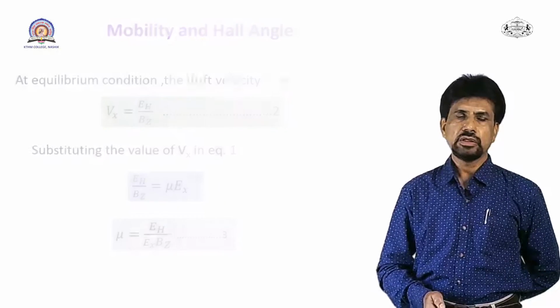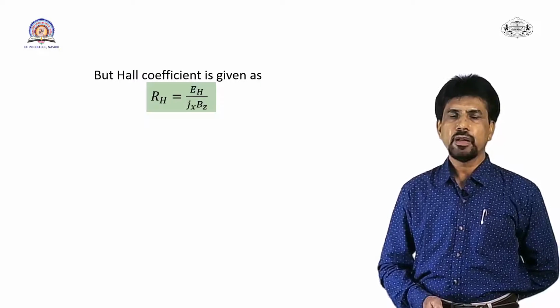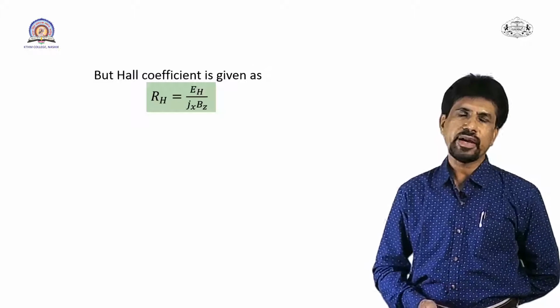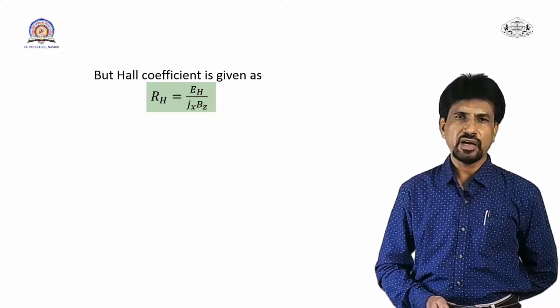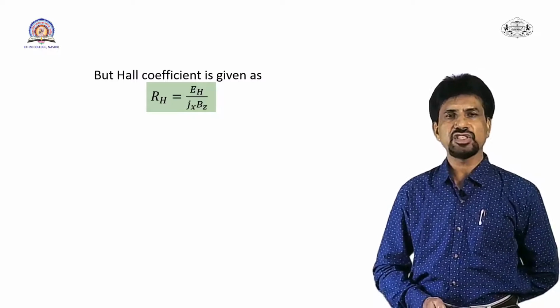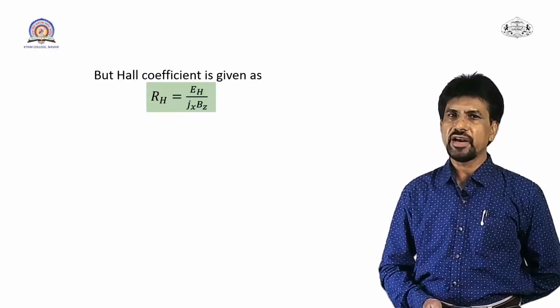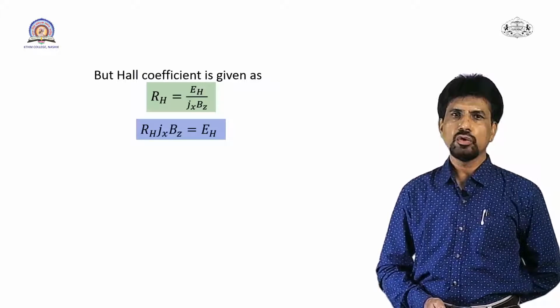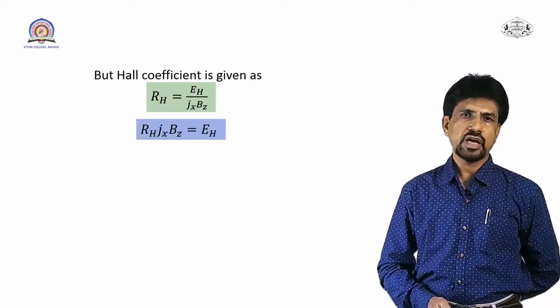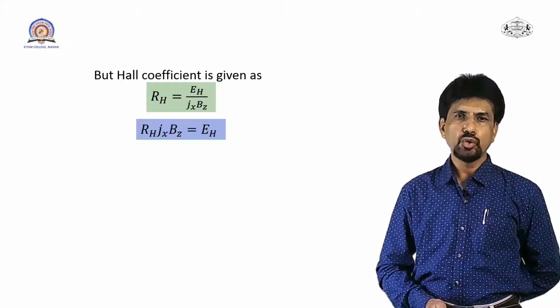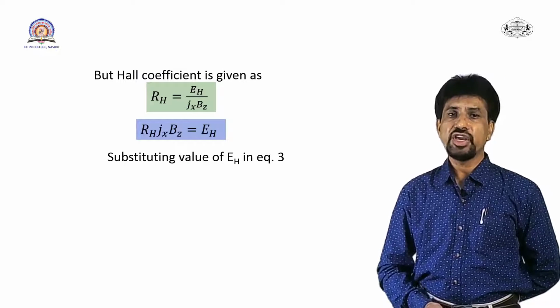But we have already obtained the equation of the Hall coefficient, and we can write that equation again: RH is equal to EH divided by JX into BZ. By rearranging this equation, we get RH JX into BZ is equal to EH.